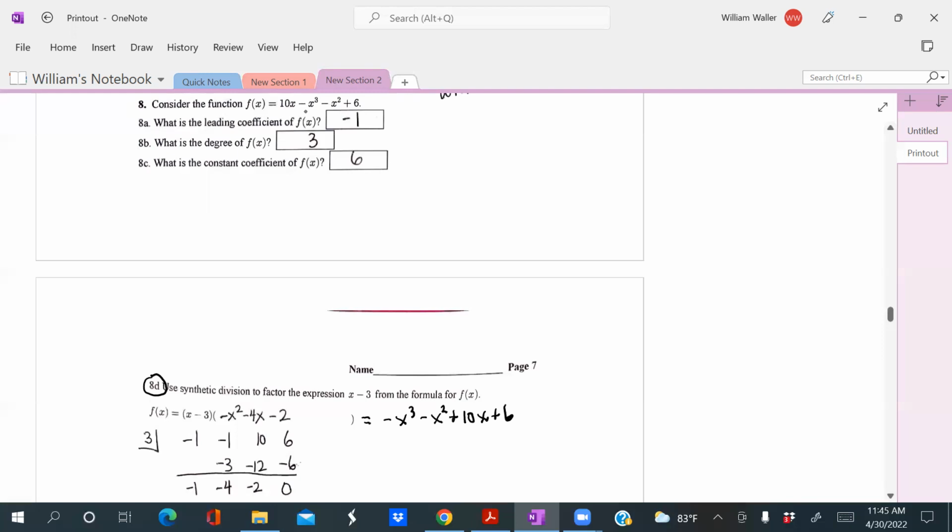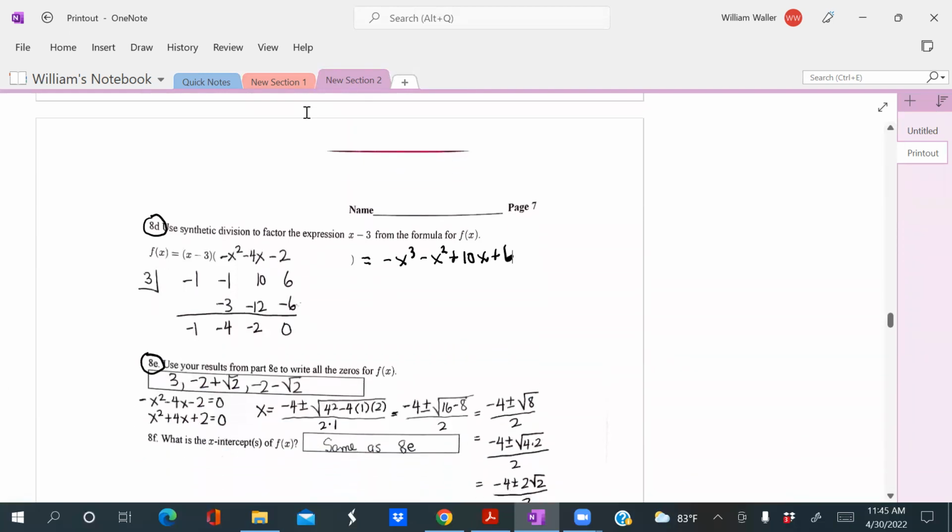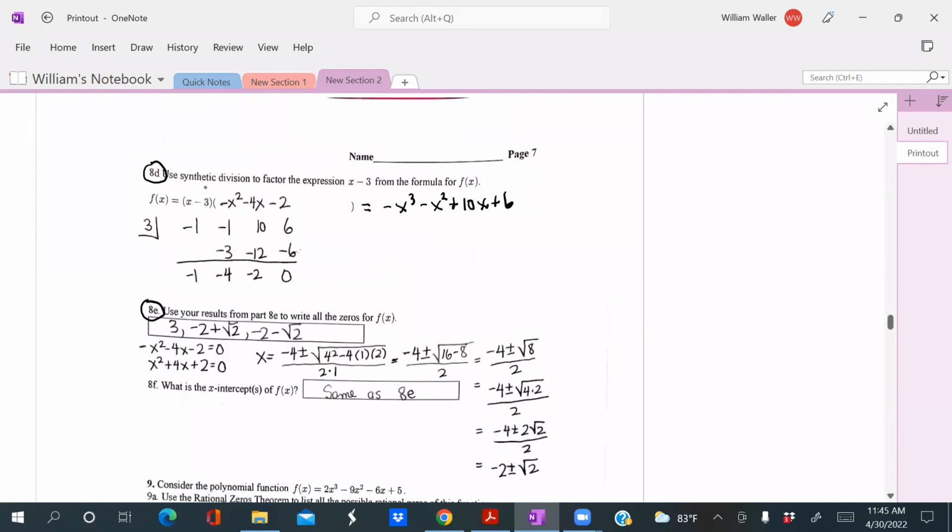The original polynomial formula. So that tells us that 3 is a 0 of this polynomial, right? If you're trying to take this function and set it to 0 to find the x-intercepts, since you know it factors this way, you know that 3 is going to be one of the solutions to this equation, or in other words, 3 is one of the x-intercepts of your polynomial function.